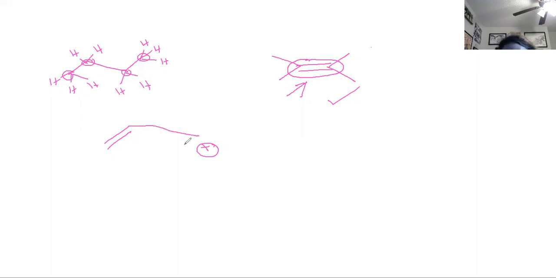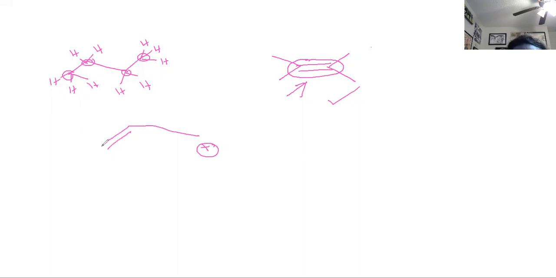So this gives us an idea that it's deficient in electrons. If this is deficient in electrons, I don't know if we can really say this is the whole picture. So let's investigate this molecule.